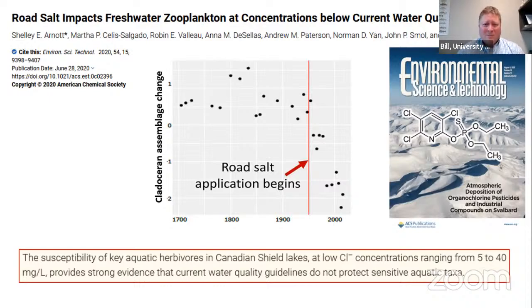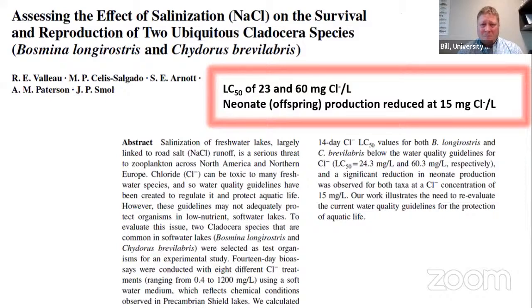And so I think we can think of other studies, from Hillary's work or Hillary's discussion on Monday. You probably know some lakes are 5 milligrams of chloride per liter, some are 50, some are 100, and so forth. So keep her talk in mind when we think about these ecological impacts, because another paper out of the same group at Queen's finds that the LC50s are pretty low, 23 and 60 milligrams of chloride per liter.